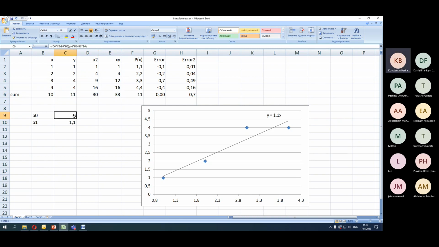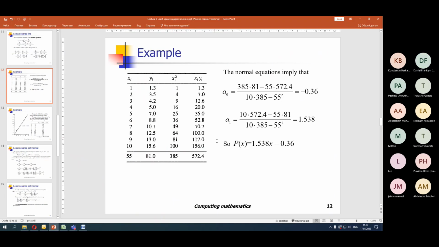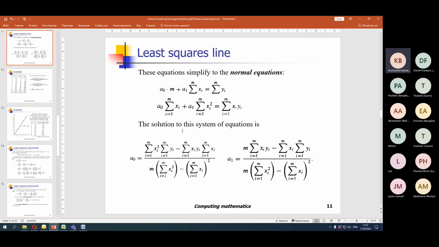And after that I can compute the coefficients a0 and a1. As this system of equations is very simple, with just two equations and two unknowns, I can apply Cramer's rule.